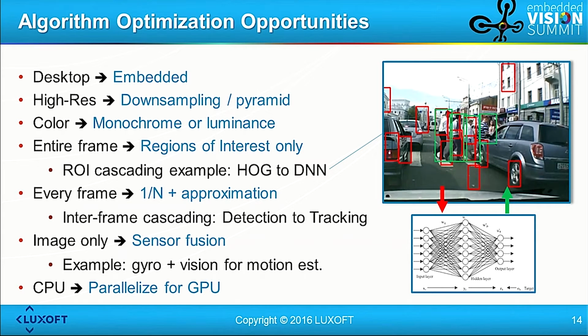Okay, let's count. Downsampling. If you reduce HD resolution at least twice, that's 4 times performance. You strip down the color, 12x. Instead of putting the entire frame through the DNN cruncher, you first execute a very power efficient and very fast histogram of gradients that will give you only regions of interest that you will put into your neural network.